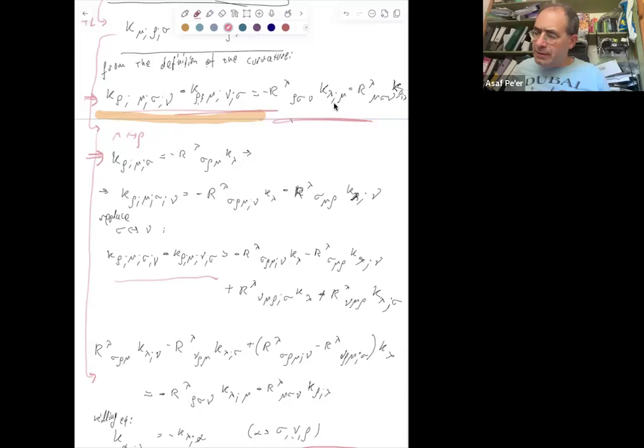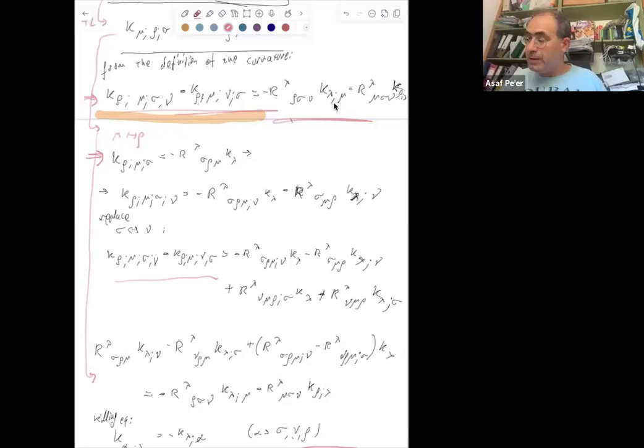Let's say that we know the value of the Killing vector and its first derivative at some point x in space-time. So we know K_λ, that's the Killing vector, and we know the derivative of K_λ.